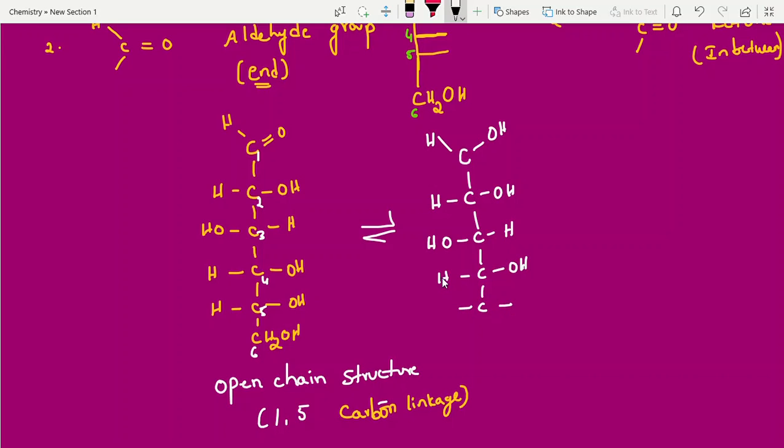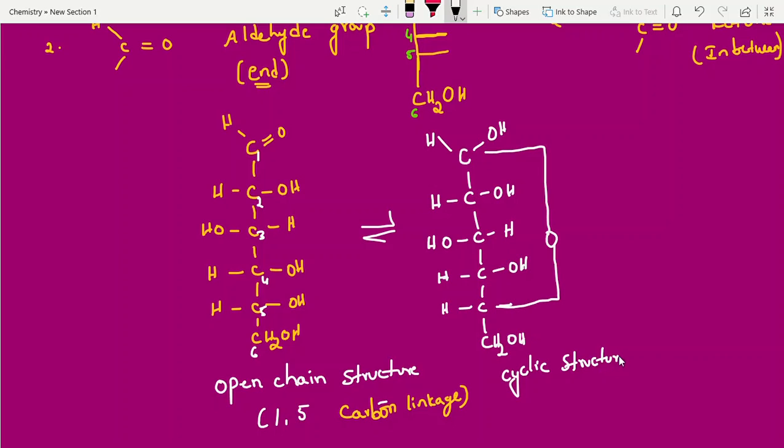Then this one, hydrogen and CH2OH. What about this one? This is the cyclic linkage, the oxygen linkage. That's it. So this is the closed chain, the cyclic structure of glucose.